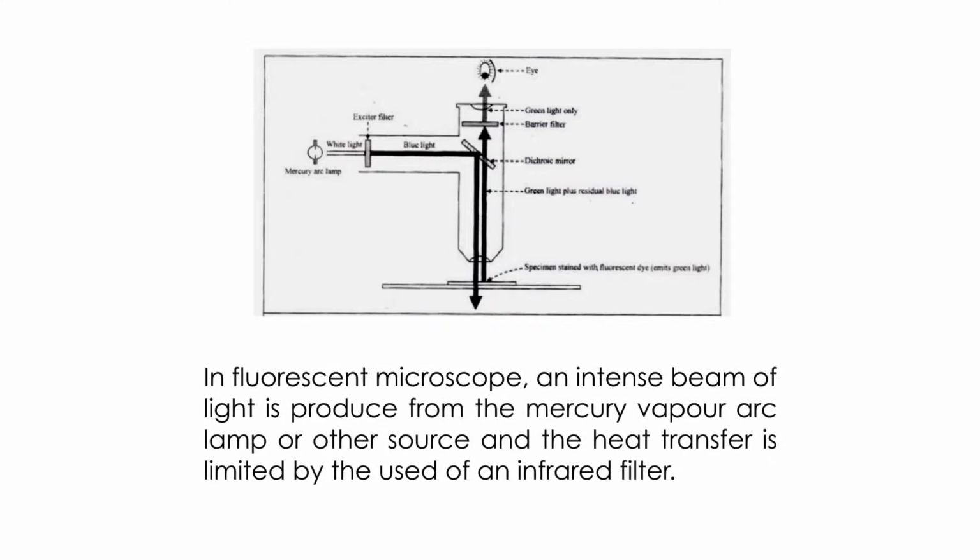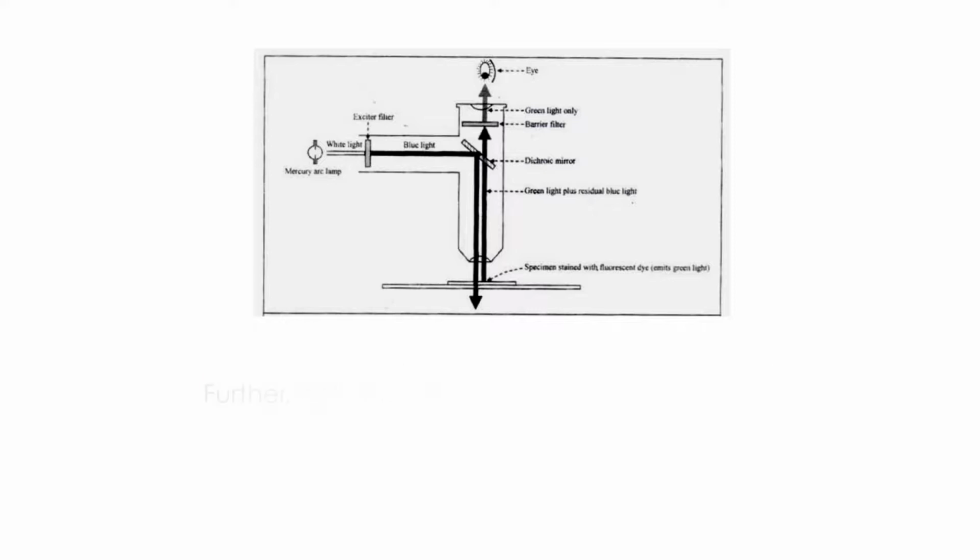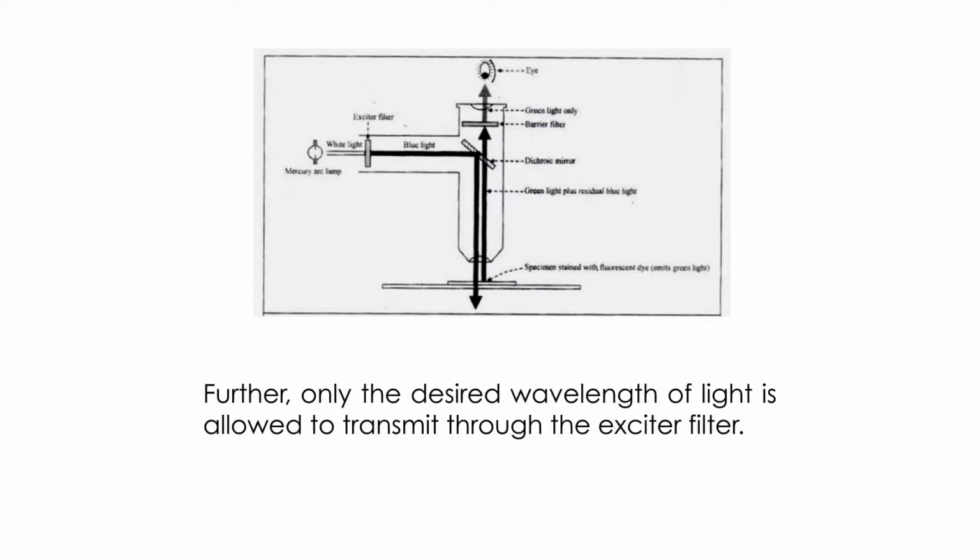In the fluorescent microscope, an intense beam of light is produced from a mercury vapor arc lamp or other source, and the heat transfer is limited by the use of an infrared filter. Further, only the desired wavelength of light is allowed to transmit through the exciter filter.